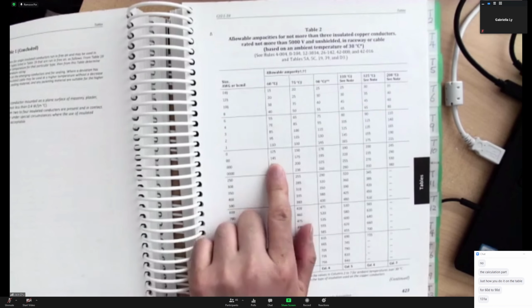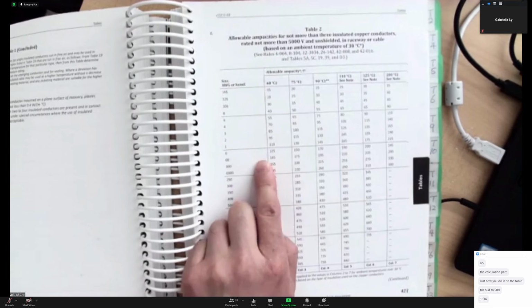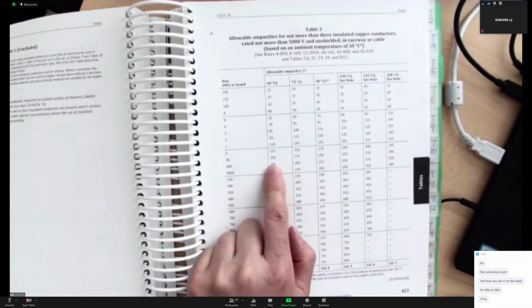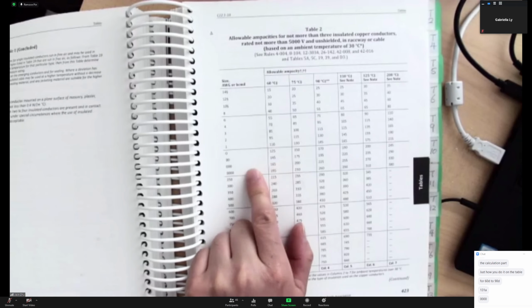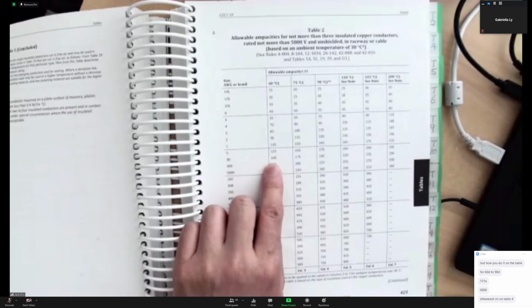So you're going to pick based on your 131 amps, which 60-degree conductor can carry 131 amps, not going to cause the temperature to go over 60 degrees. No, 2R. 2R is 145. So 2R will be able to carry 145 amps, and still be at 60 degrees.